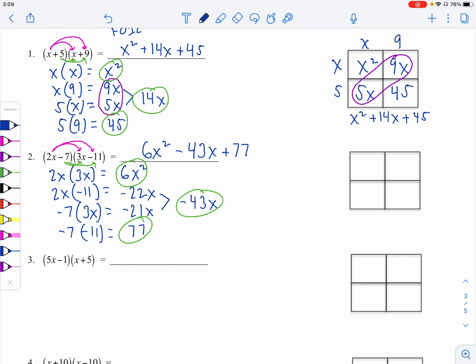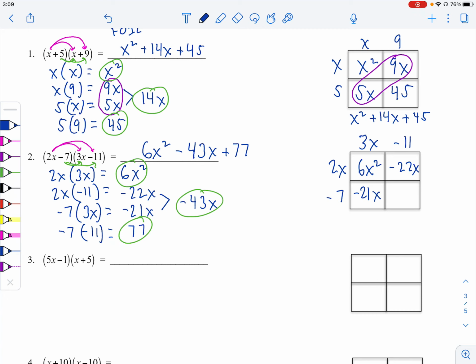And then we can apply that to the box, right? So 2x and negative 7, 3x and negative 11. And same multiplications, right? 2 times 3, 6. We have 2 x's, so x squared. 2x times negative 11, negative 22 with 1x. Negative 7 times 3, negative 21 with 1x.